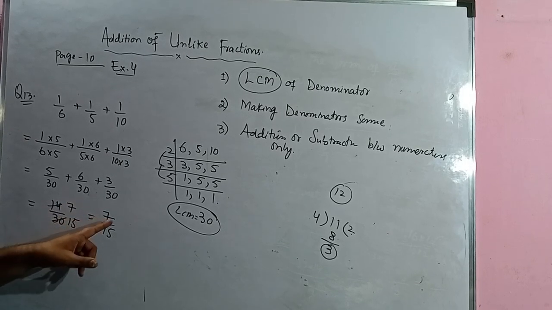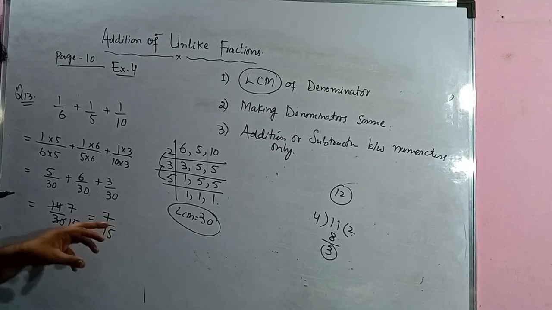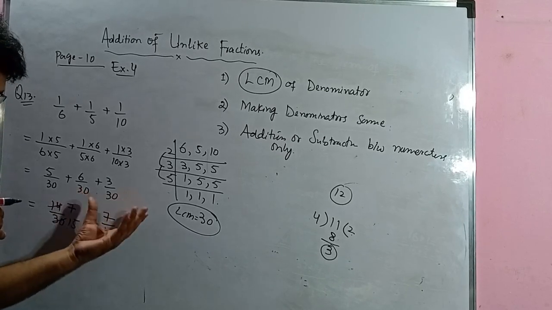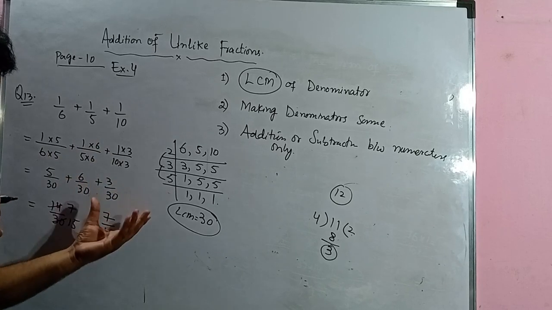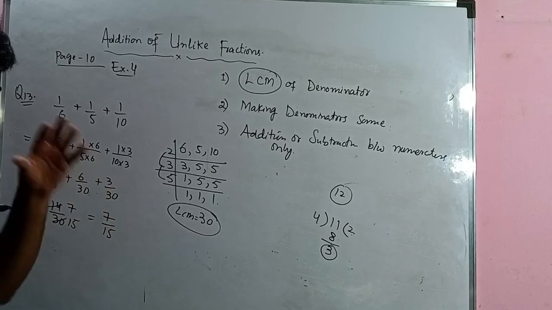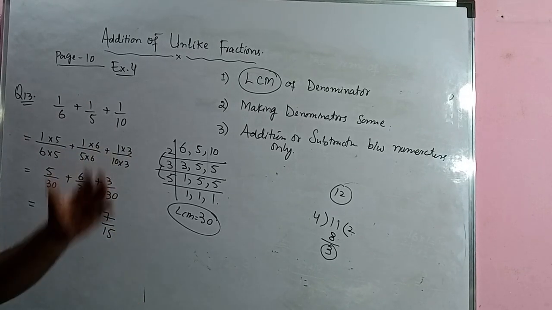Now you can see here the answer is 7 by 15. So out of the 15 parts, 7 parts are from 3 compounds, that's A, B and C. You can see we have divided the compound into 15 parts. Out of the 15 parts, 7 parts are from A, B and C.